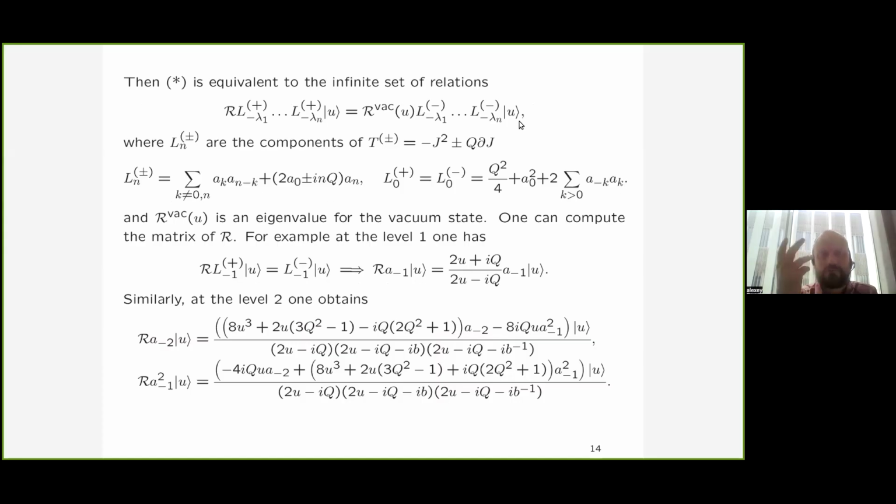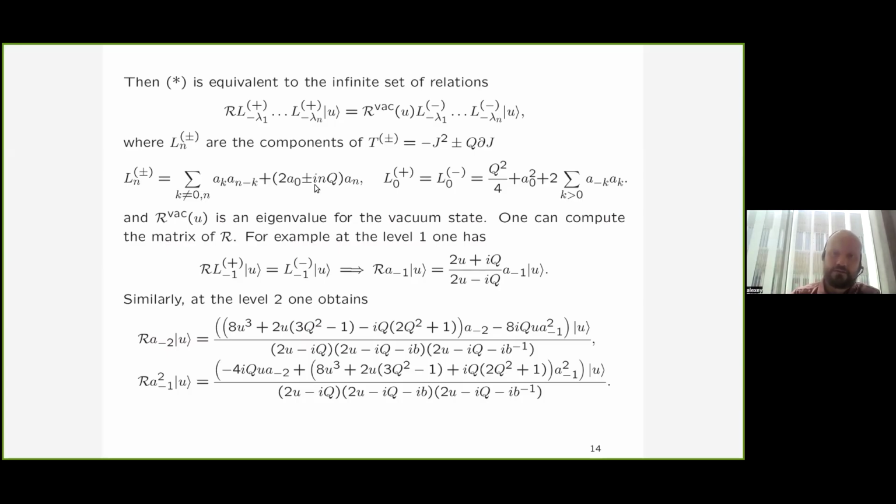Okay, so I have two types of Virasoro generators, L plus and L minus. They only differ by this plus or minus sign here. Both of them generate the Virasoro algebra with the same central charge, parameterized by Q. More precisely, the central charge is 1 plus 6Q squared.